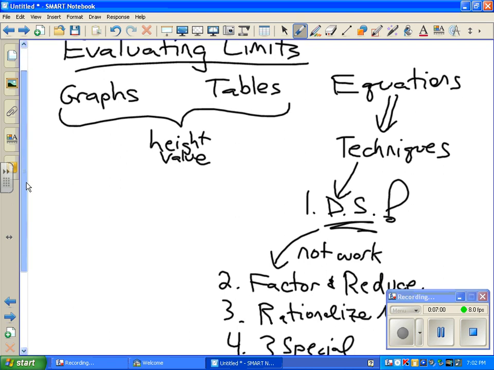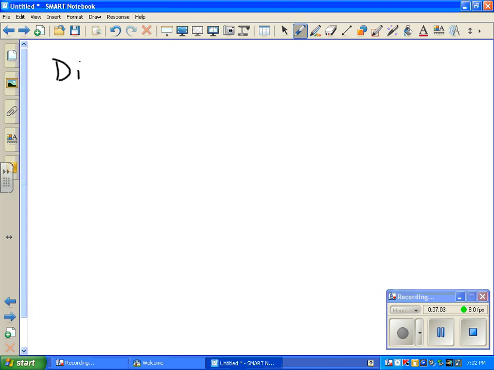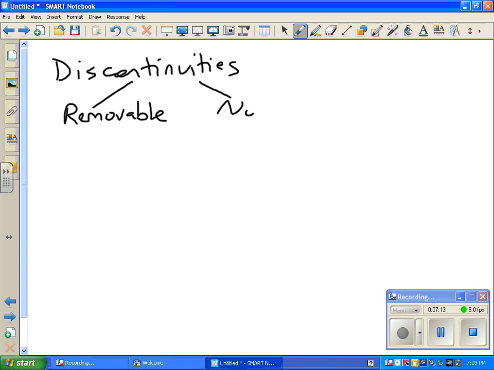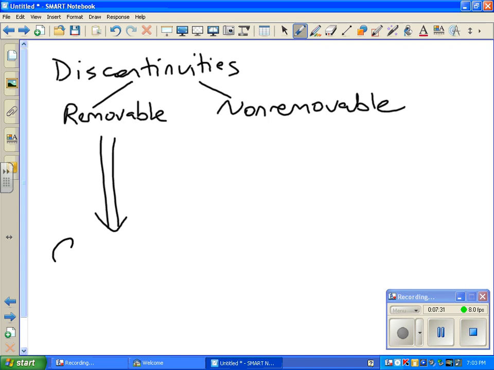Okay. There are a couple different types of discontinuities. We had removable versus non-removable. So there's some good information in Chapter 1 about the difference between a removable and a non-removable discontinuity. And that leads us into the other main idea of Chapter 1, which is the idea of continuity.